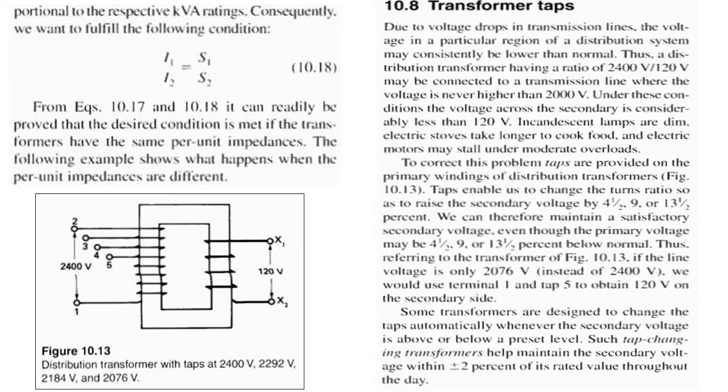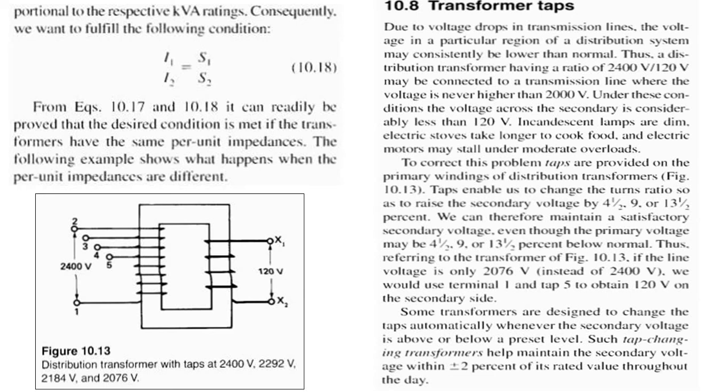Thus, for example, if the line voltage is only 2076 volt instead of 2400 volt, we should use the appropriate terminal to get 120 volt on the secondary side.